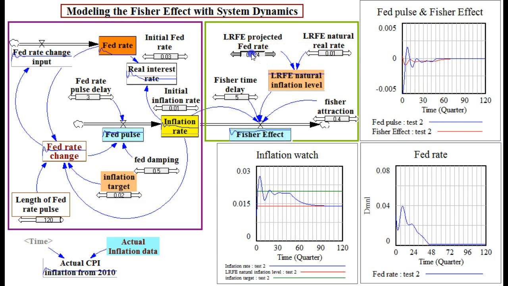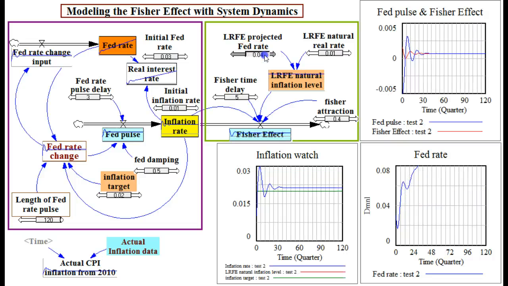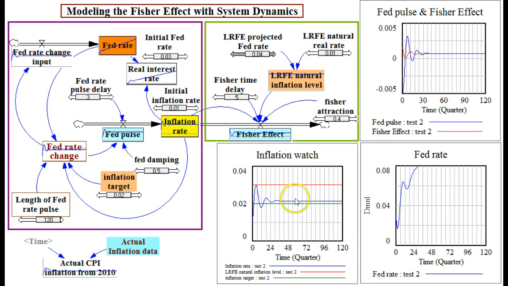For example, not unless people start expecting the Fed to really do maybe a 3% long-run projection. The Fed is right now projecting 2%. But if they said, okay, we're going to let the Fed rate go up to 3 or 4%, if they said 4%, well, that would now put this long-run natural inflation level above their inflation target.